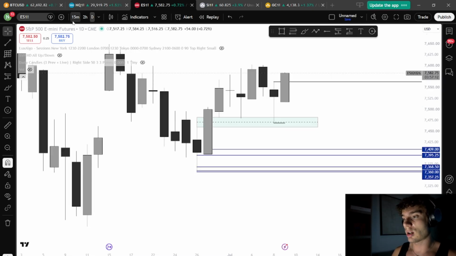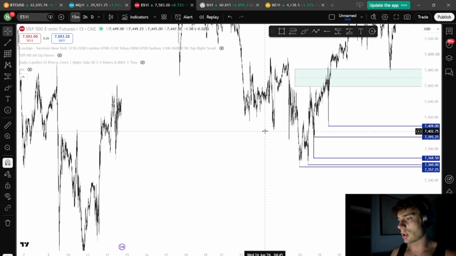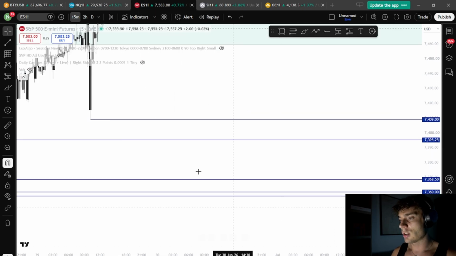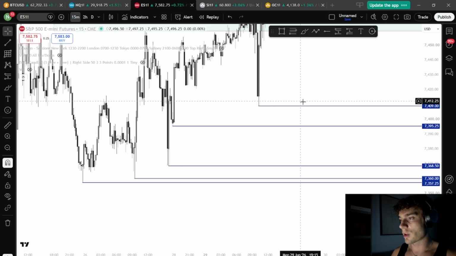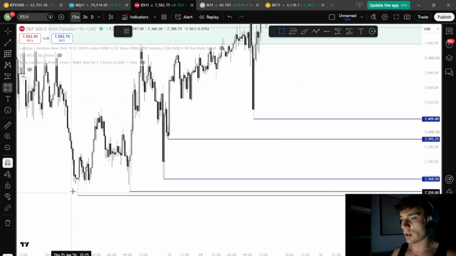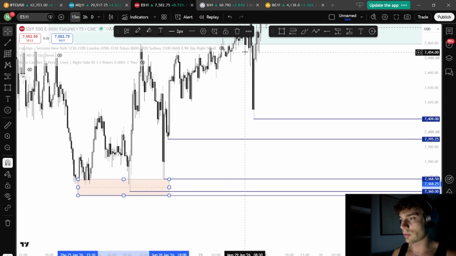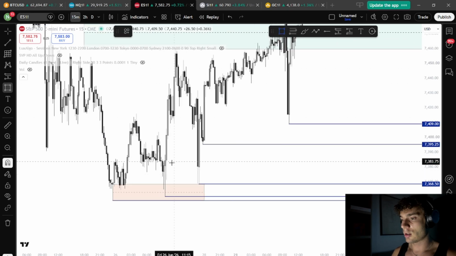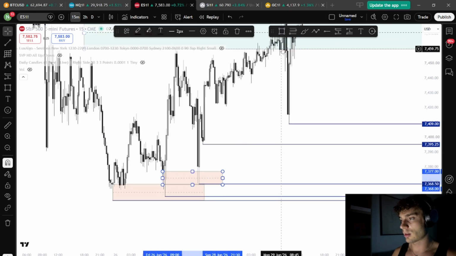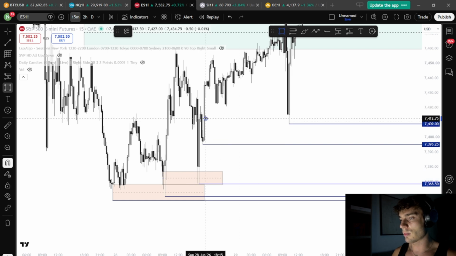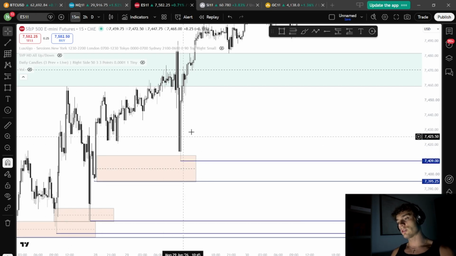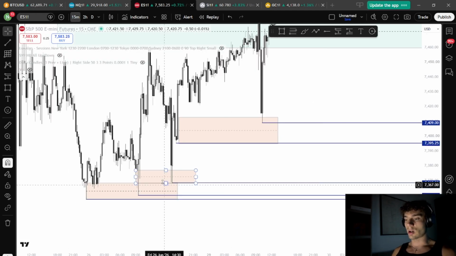One more thing, whenever you have highs and lows stacked on top of each other, the price will come back down to take all of that. If you have an area and then a demand zone respected, then another demand zone respected, then another demand zone respected, for you this is positive because you think, oh, we're respecting demand zones, we're going to go up.